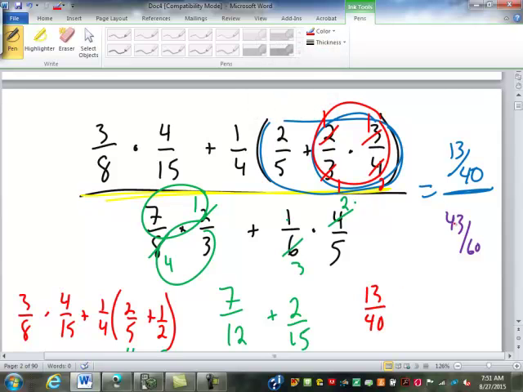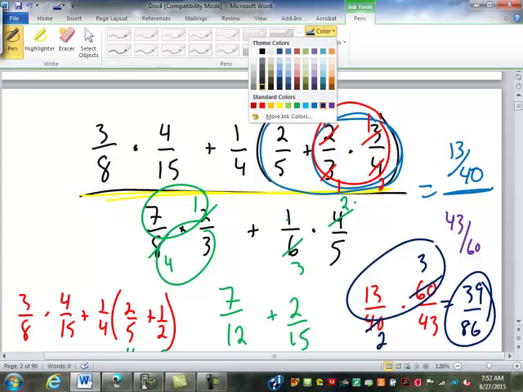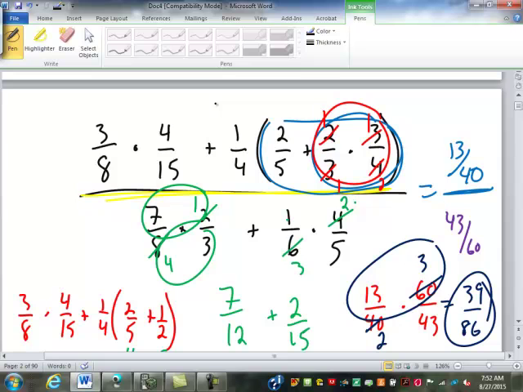Instead of dividing by 43/60, I'm going to multiply by 60/43. Everybody see what I did? I just flipped it over so I can multiply. These can be divided by 20 to give me 3 and 2. 39 and 86. Everybody get that? Okay. Should we do one more just to make sure you guys got it?